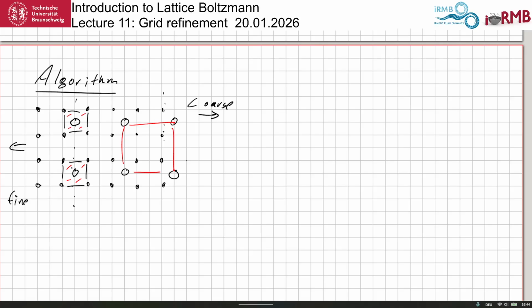So what we need to do is, because you see this coarse node has no neighbor to the left, so it has to be recovered. And this fine node has no neighbor to the right, so it has to be recovered.